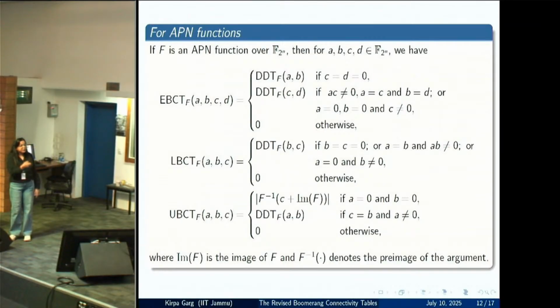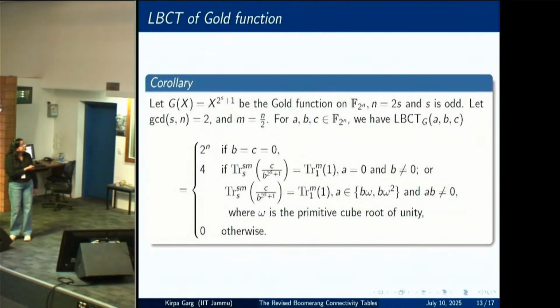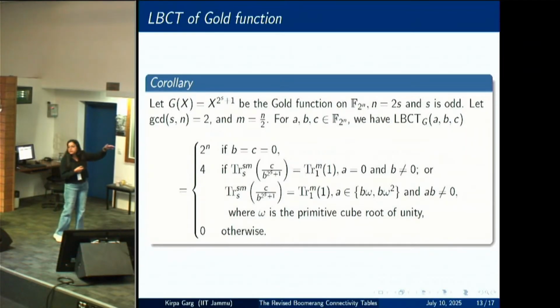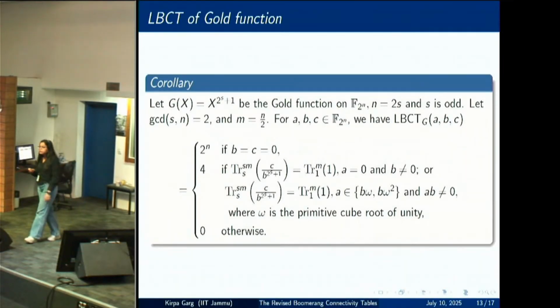This is for the APN function, and we also computed them for some well-known functions like the Gold function. Here we are taking the differentially 4-uniform Gold permutation, x to the power s plus 1, where the GCD of s and n is equal to 2 and s is odd. Then we explicitly get these values and conditions using the DDT entries.